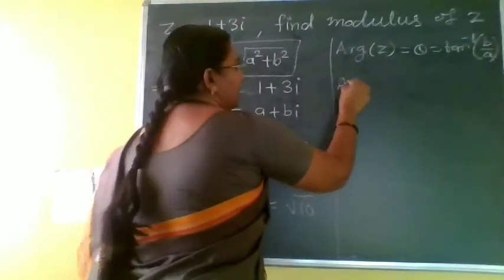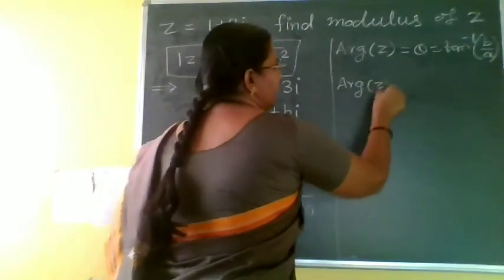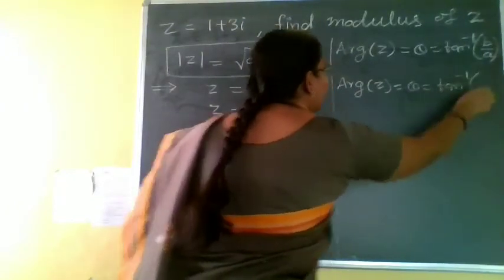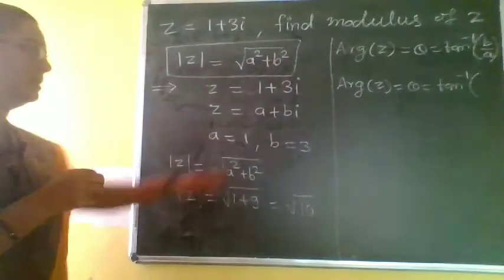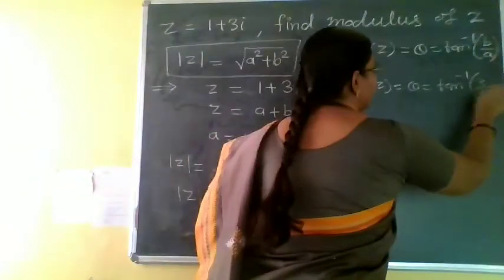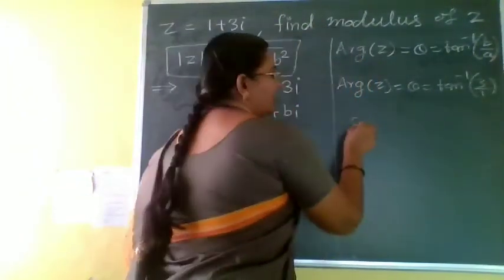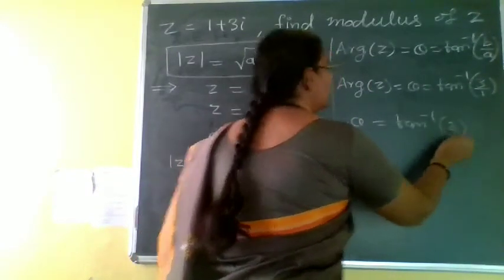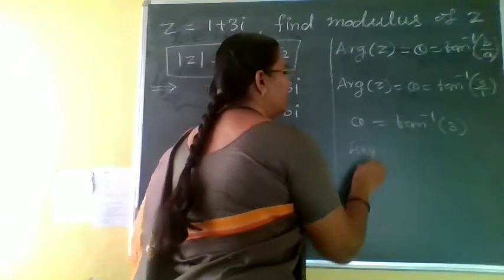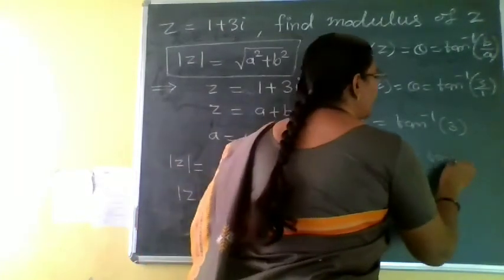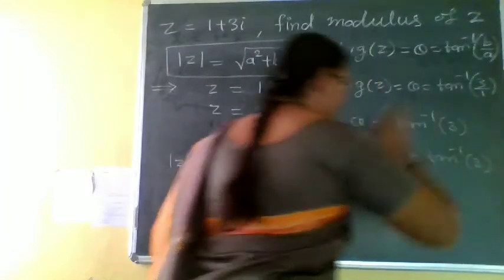Here b is 3 and a is 1. Therefore 3 by 1, theta is equal to tan inverse of 3. This is the argument of z.